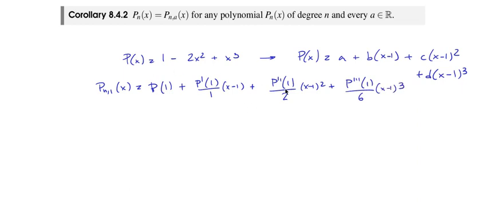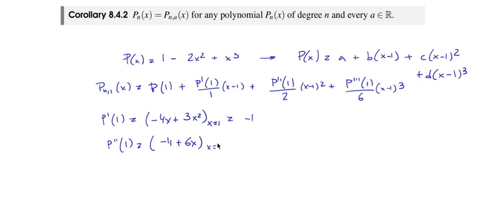Now we can find these derivatives easily because differentiating a polynomial is super easy. So p prime is minus 4x plus 3x squared evaluated at 1. So this is minus 1, right? Now the second derivative at 1 is minus 4 plus 6x evaluated at 1, which is 2. And the third derivative at 1 is going to be 6, everywhere.